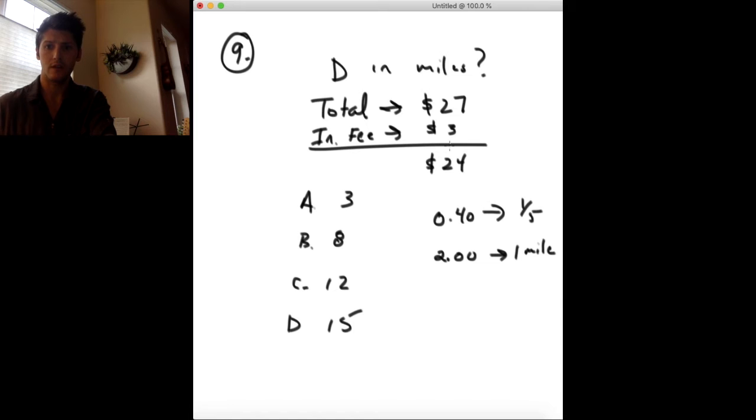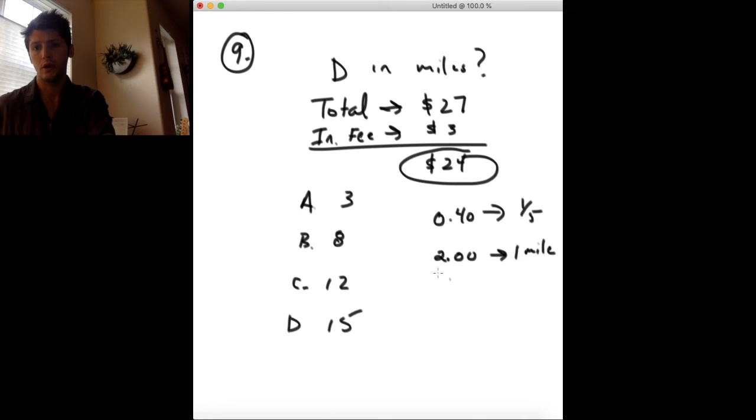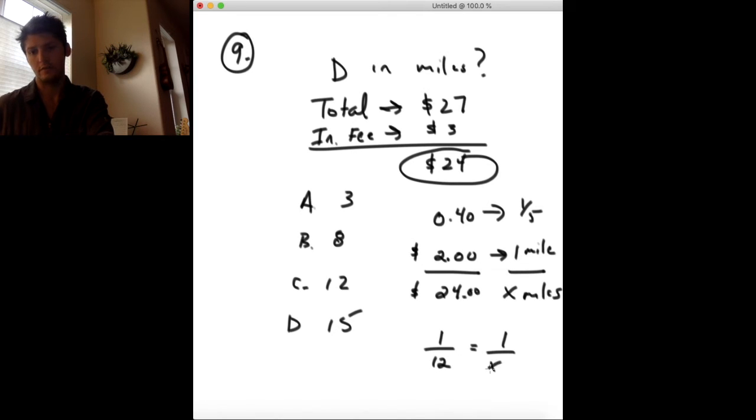Because then you just say, okay, well, if I have $24 and it's $2 for 1 mile, you could set up a ratio. You could say 2 over 24 equals 1 mile over X miles. So I'll just write 2 over 24, which you could reduce to 1 over 12, equals 1 over X. Well, of course, then X is 12.